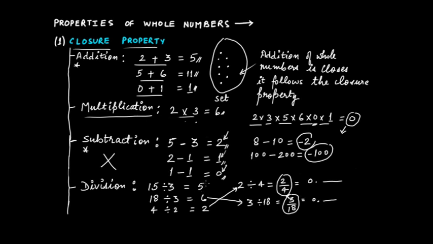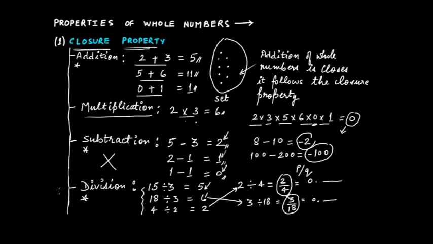In these 3 examples, you got whole numbers, but here you are getting rational numbers, and rational numbers are those numbers that could be written in the form of P divided by Q. So rational numbers are not whole numbers. It's very clear that even division of whole numbers does not follow the closure property.